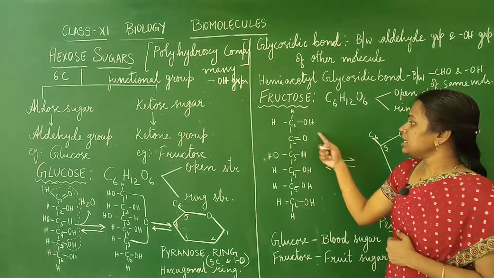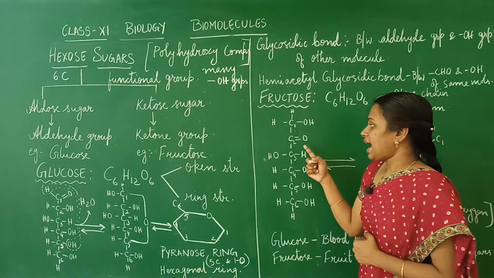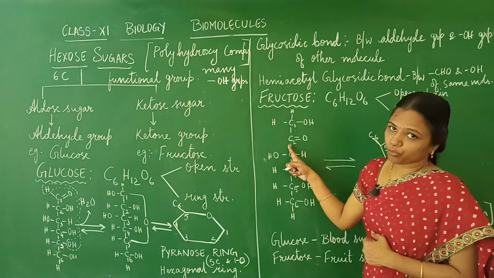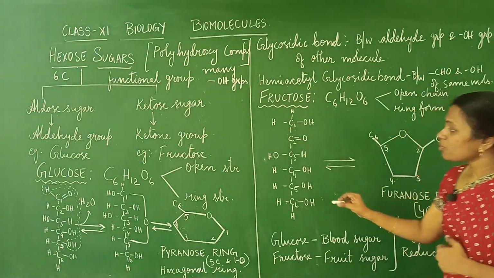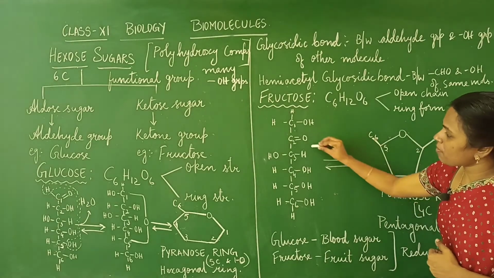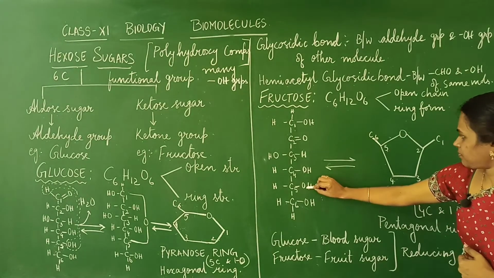So, you have the ketone group which is actually attached at the subterminal carbon, that is at carbon number 2, right. So, now here in the ring structure a bond is formed between the 2nd carbon atom and the 5th carbon atom.